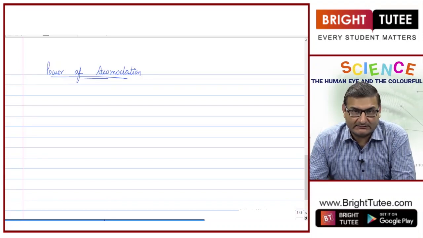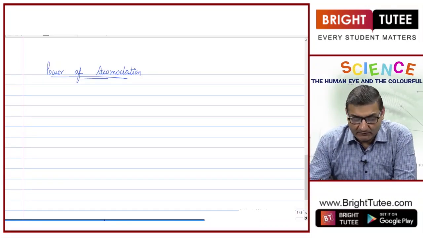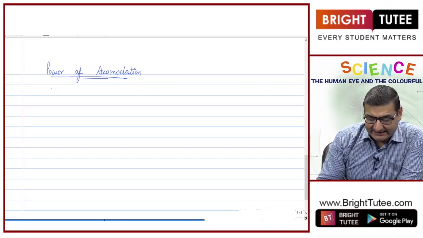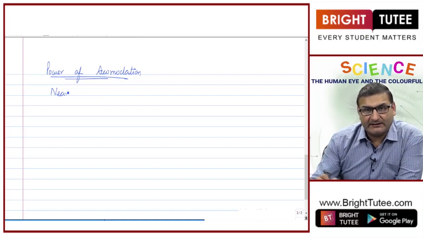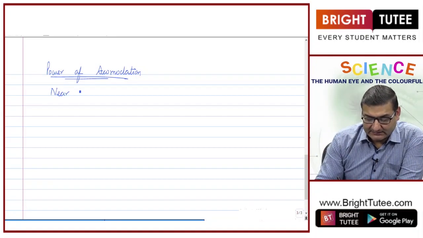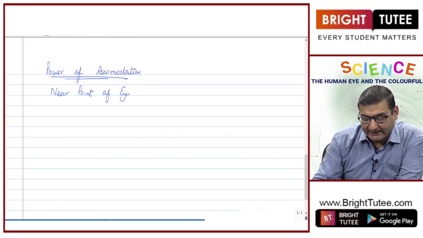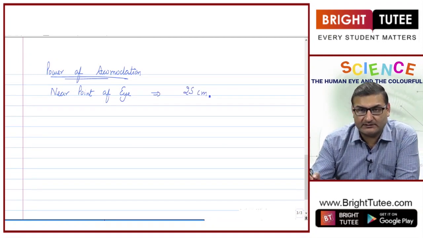This is the ability of our eye lens, by virtue of ciliary muscles, to change its focal length. Now, in a normal human eye, the nearest distance we can see is known as the near point of the human eye, and that distance is 25 centimeters.